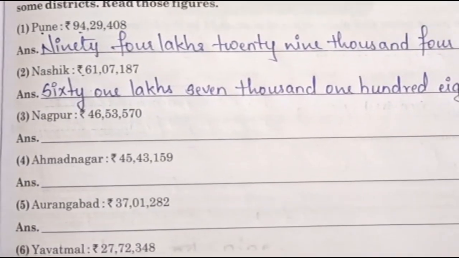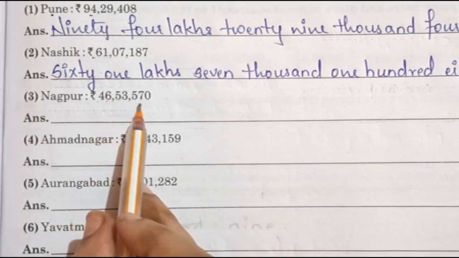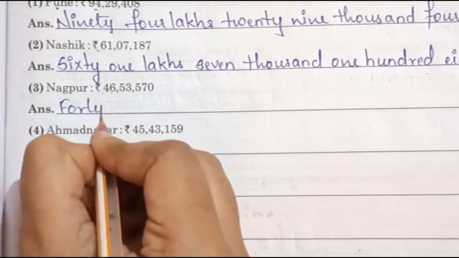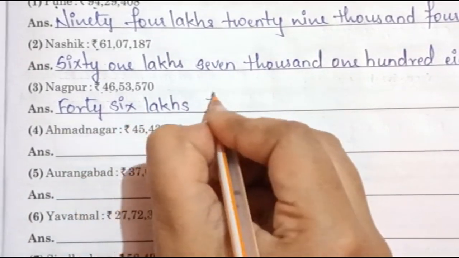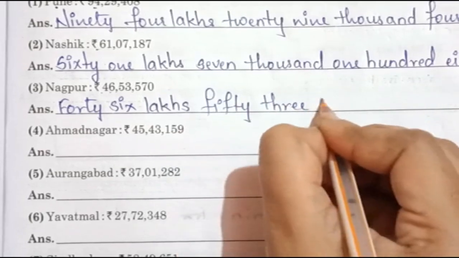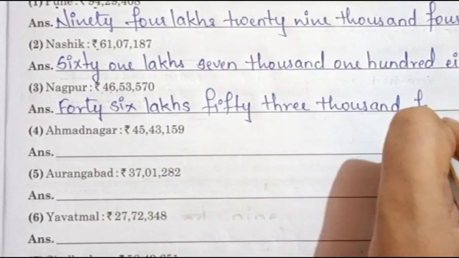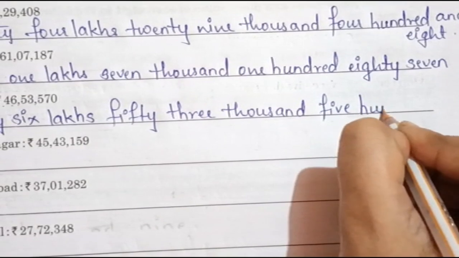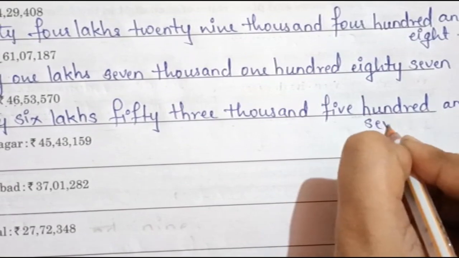Third one is Nagpur has given rupees 46,53,570. So you will write it as 46,53,570.